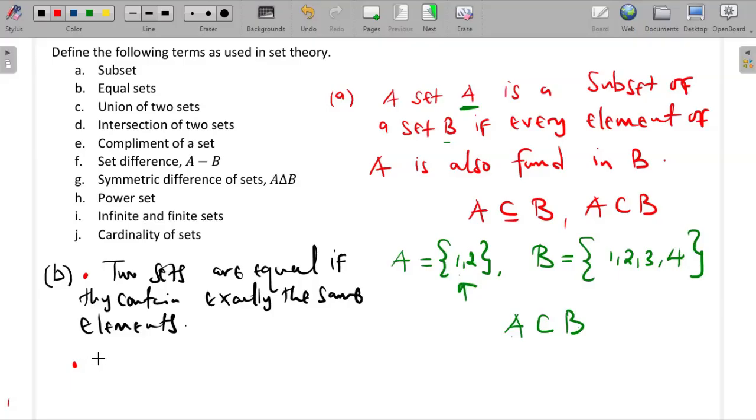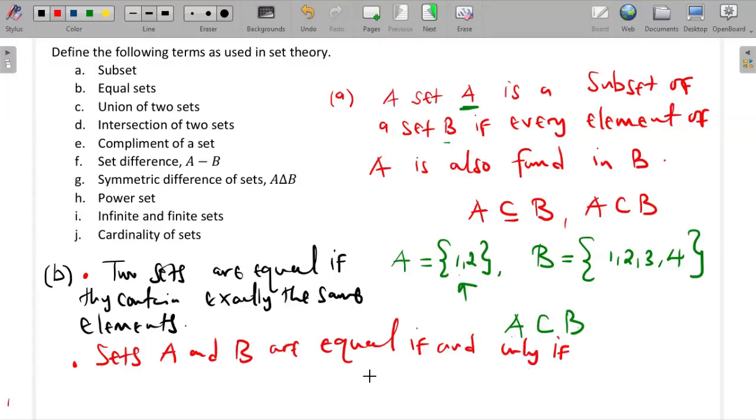We are going to say sets A and B are equal if and only if A is a subset of B. We know what a subset is, we've defined it, and B is a subset of A. So two sets, A and B, can only be equal if they are subsets of each other.